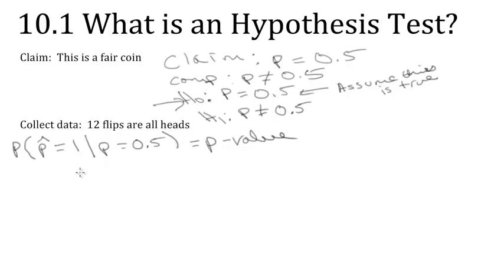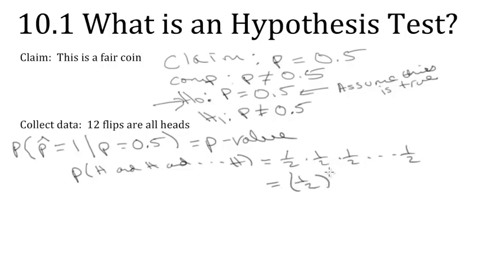And it turns out our p-value is, well, we're going to get 12 heads in a row. P of 12 heads, if it is in fact a fair coin, so that the true probability of each heads is 50%, is going to be 1/2 times 1/2 times 1/2, 12 of these. In other words, it'll be 1/2 to the power of 12.